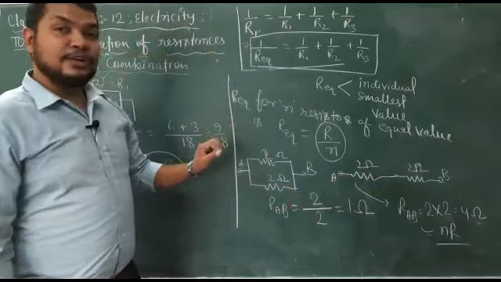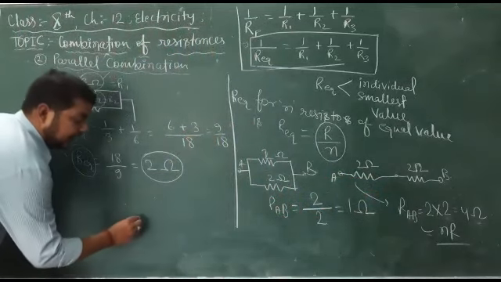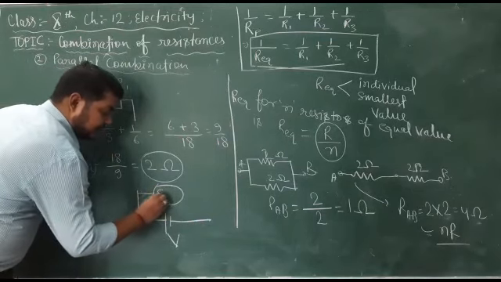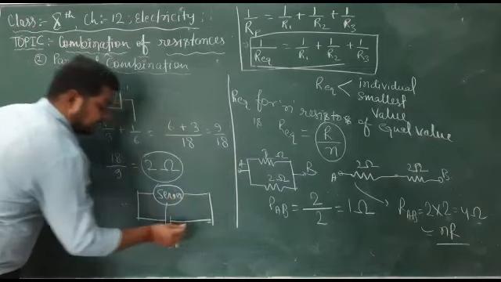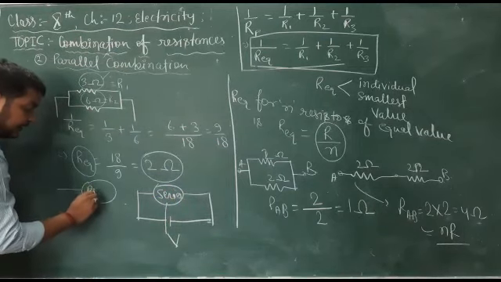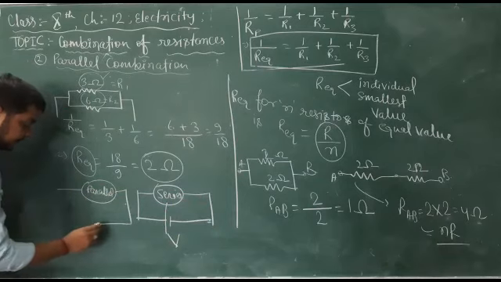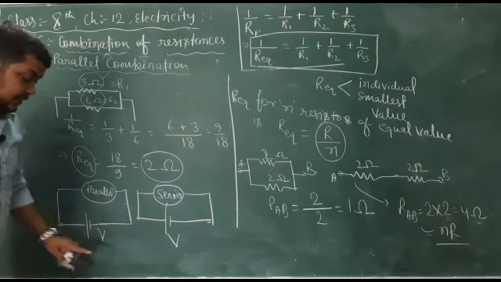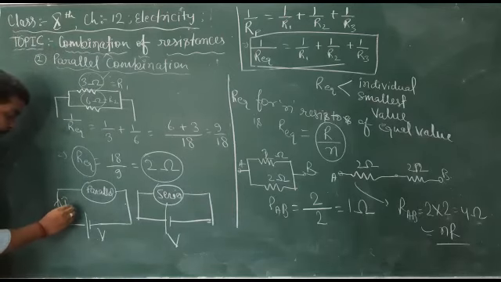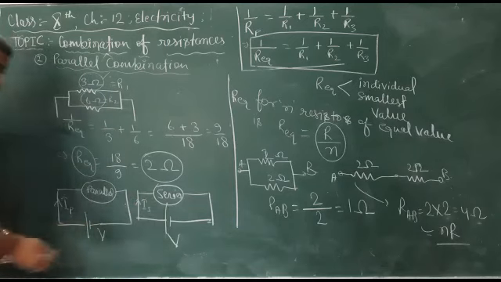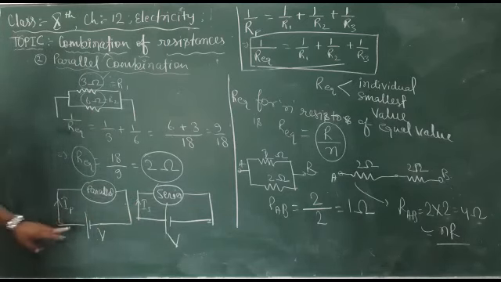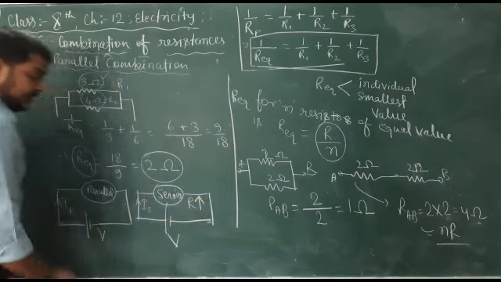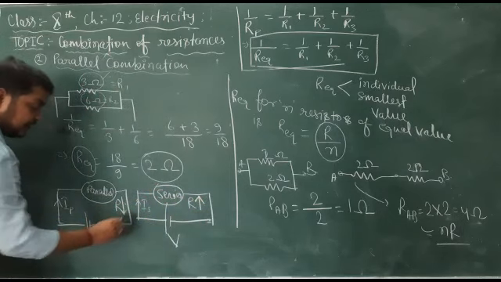For a particular voltage applied in a circuit, let's say I have applied a voltage V for series combination, and the same voltage I have applied for a parallel combination. Here the voltage is V in both cases. Now tell me IP and IS. Can you compare the difference between the currents? In one case the resistance is very high, whereas in the other case the resistance is very low.